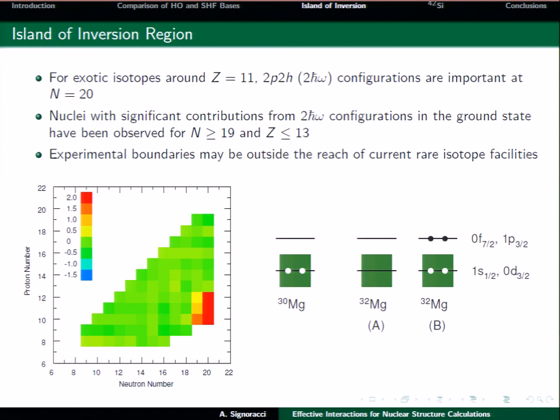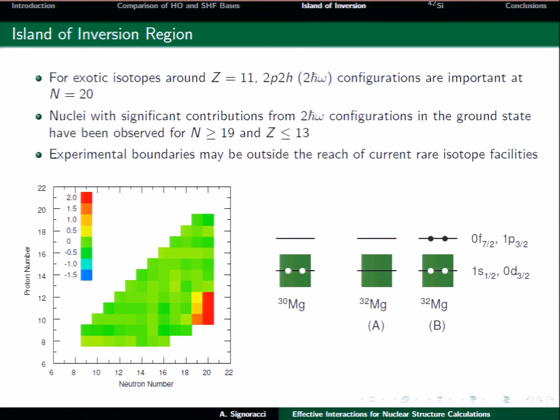Because even nuclei have 0 plus ground states, when we add two neutrons to get from magnesium-30 to magnesium-32, which is here in this island of inversion region, we can do it in two ways.